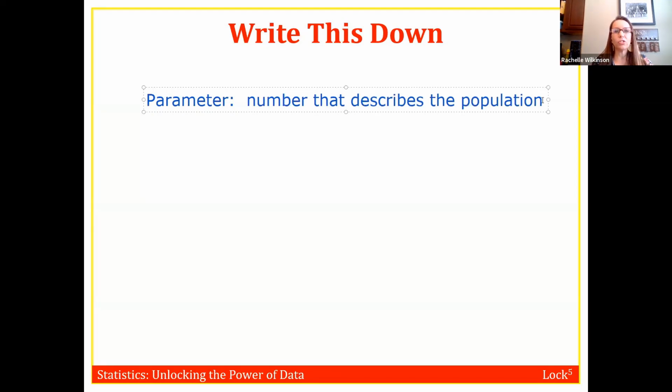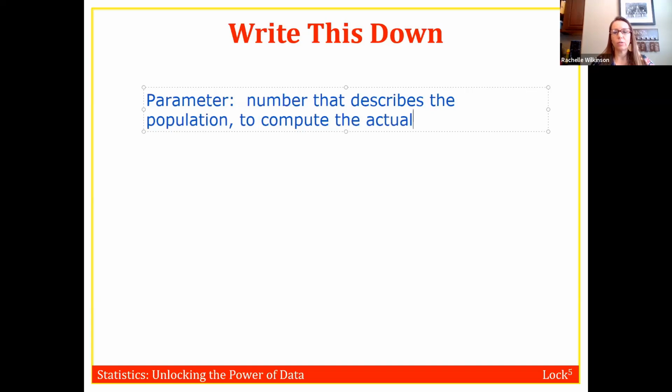And in order for us to know the value of a parameter, we would actually have to have the values from everybody in the population. So in order to get the actual parameter value, it would have to be computed from all the individuals in the population. So to compute the actual population value, population parameter value.